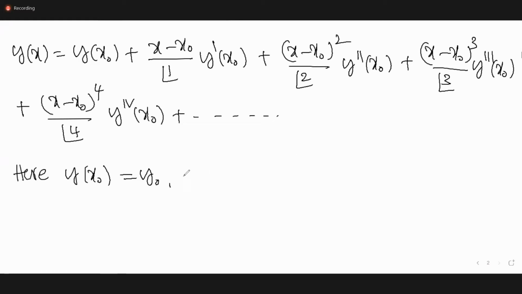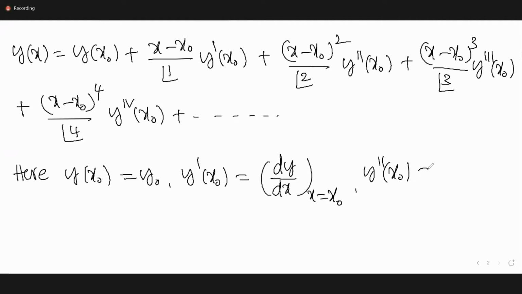Next, what is y dash of x naught? Y dash of x naught means dy by dx at x is equal to x naught. Next, what is y double dash of x naught? Second derivative d square y by dx square at x is equal to x naught.